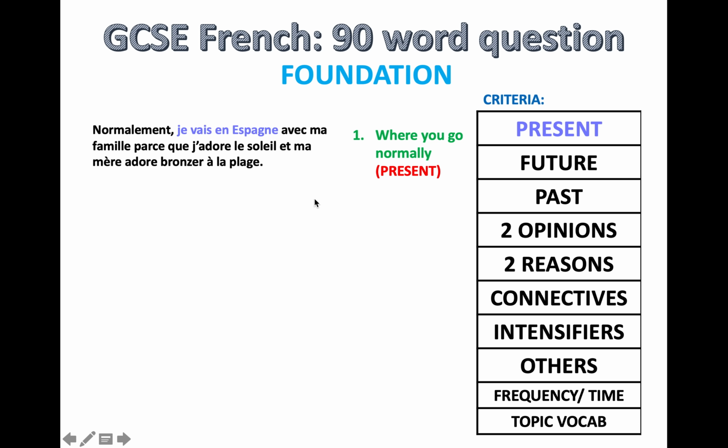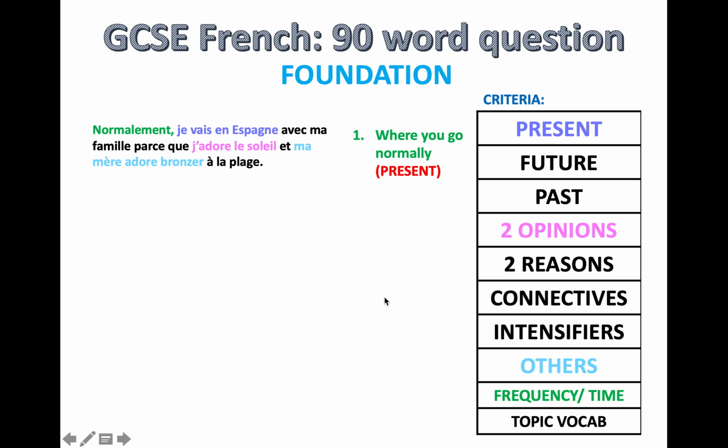So let's start. We knew it had to be about the present tense. Je vais en Espagne, present tense. I go to Spain. J'adore le soleil. That's one of our 2 opinions. Ma mère adore bronzer. My mum loves sunbathing. Well, that's an opinion, but it's also higher level than that. It's mentioning what somebody else likes to do.